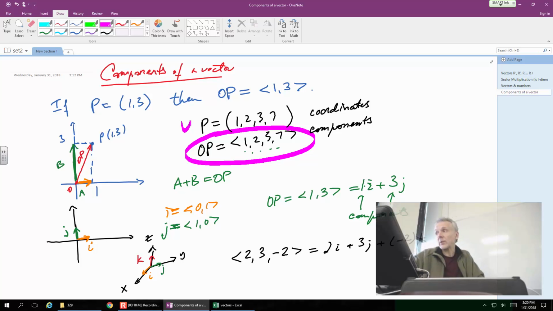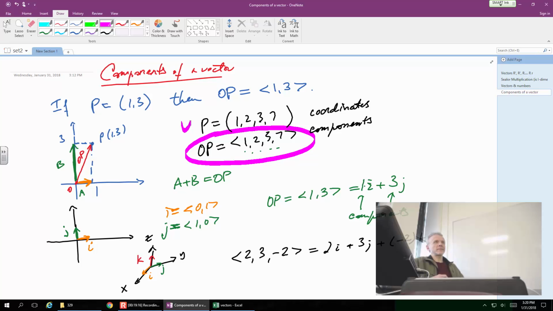That's the explanation of the relation between coordinates and components: the components of the vector are the coordinates of its endpoint. Did I say it right? Once again, the components of the vector are the coordinates of its endpoint.